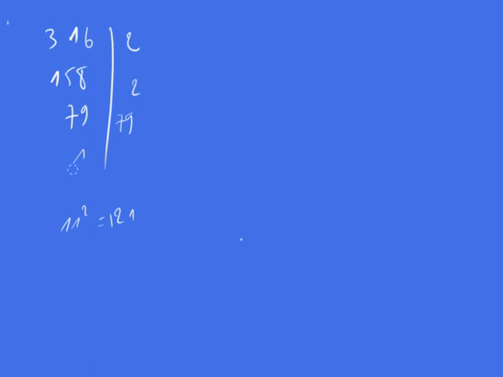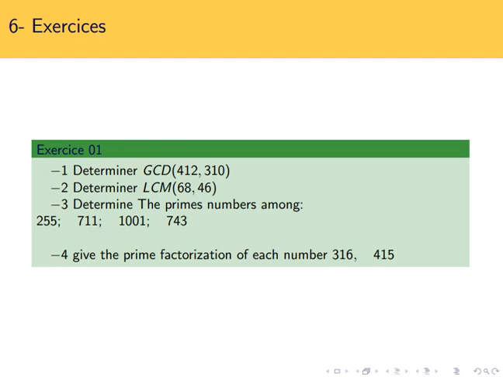Then the prime factorization of this number is 2 squared times 79 in the first power, and you can do the same thing for the last number, 415.